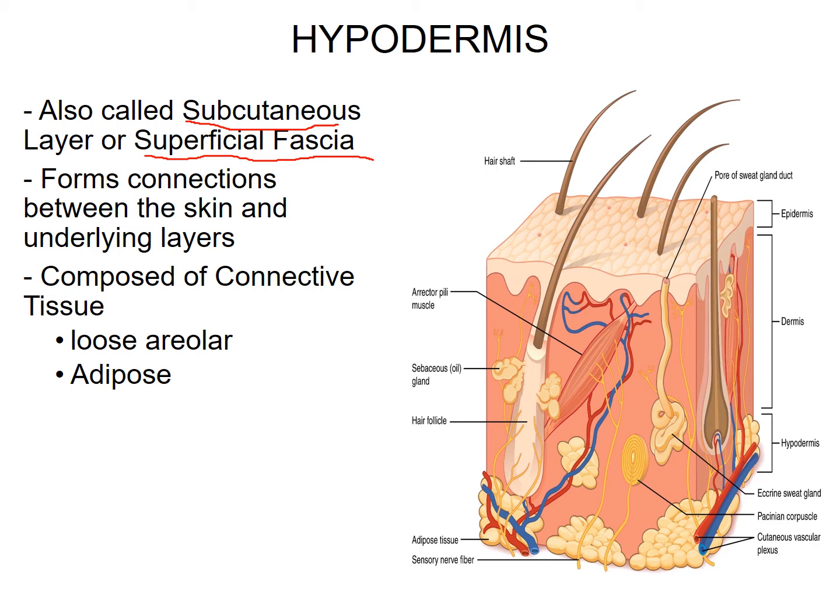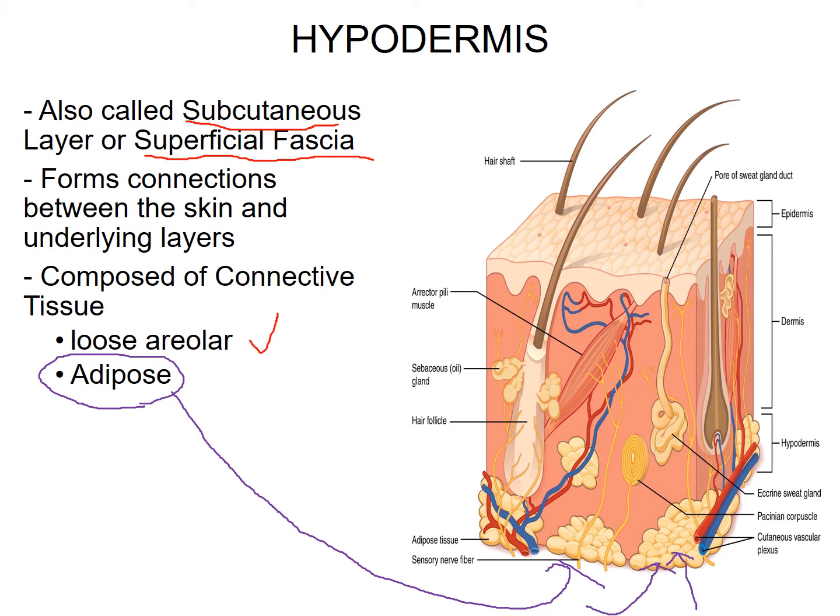So it makes sense that the hypodermis is mainly made up of loose areolar fibers, and actually a lot of it really is just fat.